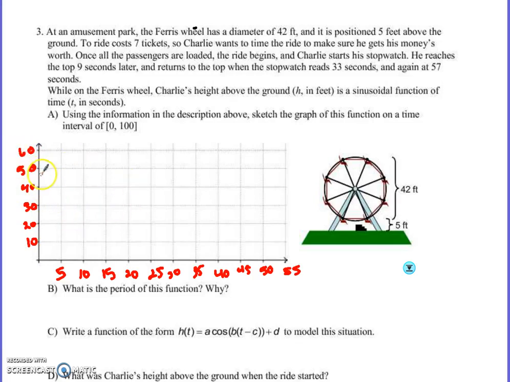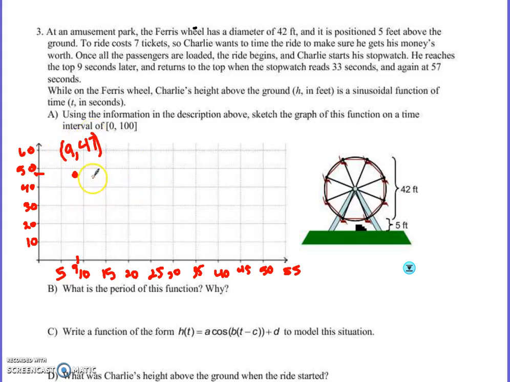So 47 at 9 seconds. Here's my 9, and he's going to be at 47, about right in here.